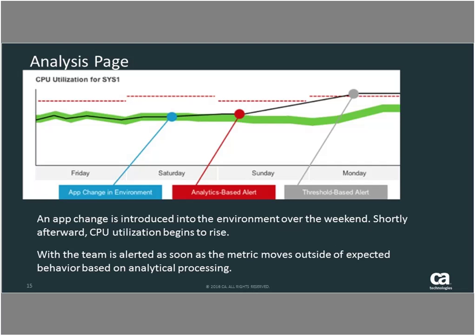What I mean by that is, if you look at the red here, once that application was introduced into the environment, things started to steadily go out of normality around Sunday morning. At that point I can create an alert that allows me to address any issue and take a look at things around that application.